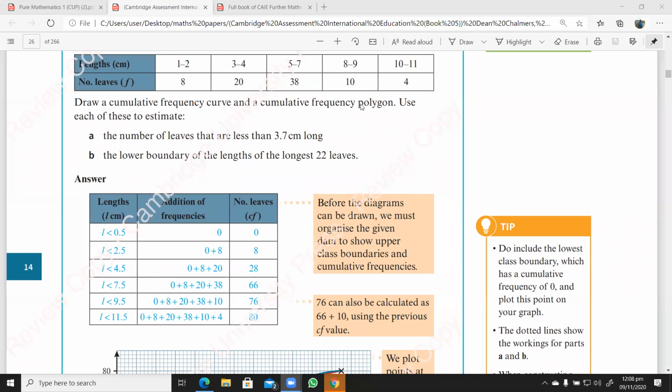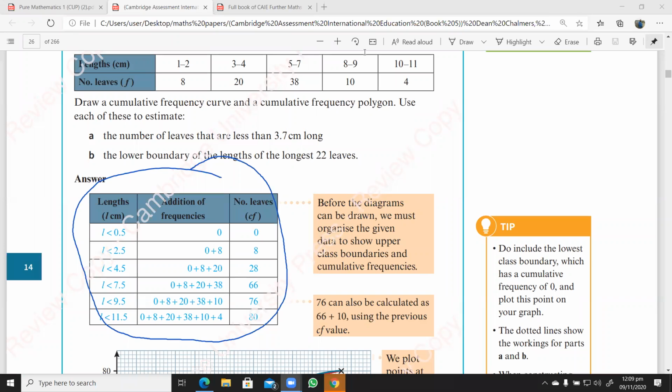Now, when you have to draw the cumulative frequency curve, you will be making a new table which is called the cumulative frequency distribution. Note it down: this table is called the cumulative frequency distribution. Here you're showing the cumulative frequencies.